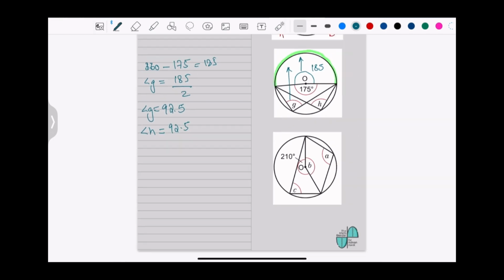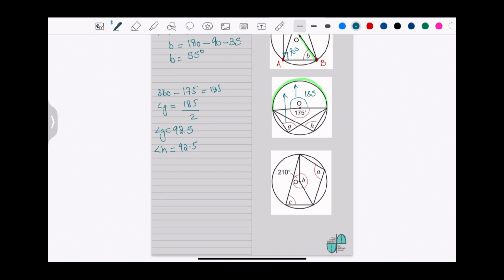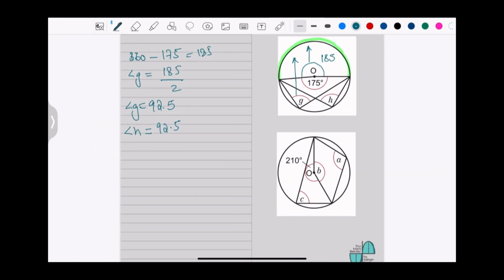Last question of the day. Now as you can see, I'll make these two arcs.